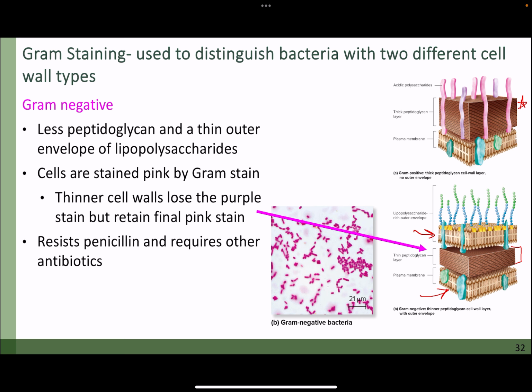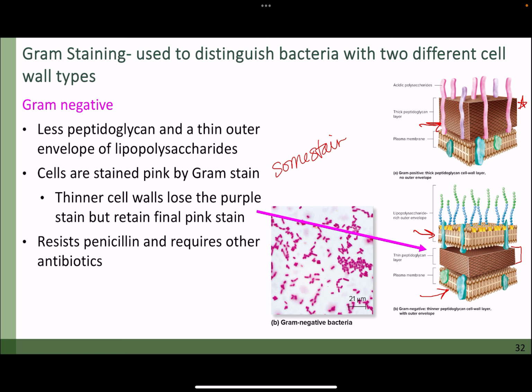The gram stain doesn't stain as strongly onto this thinner peptidoglycan wall. So basically you get some stain, but not as much stain as you saw in the gram-positive bacteria. Those thinner walls lose their purple stain, but they do retain a little bit, and so they look this kind of bright pink color.